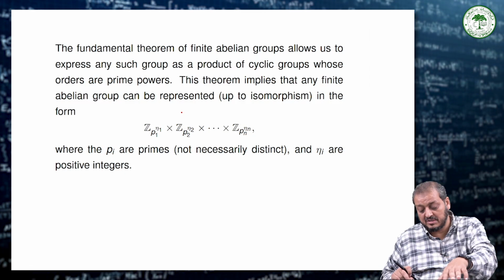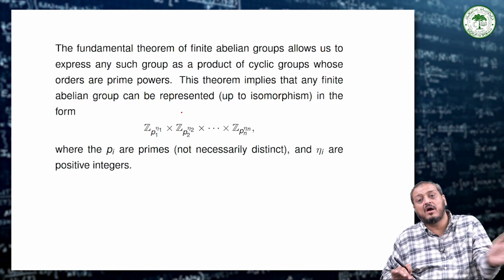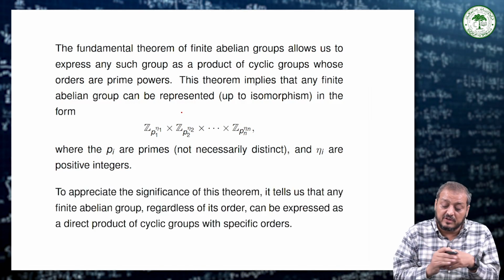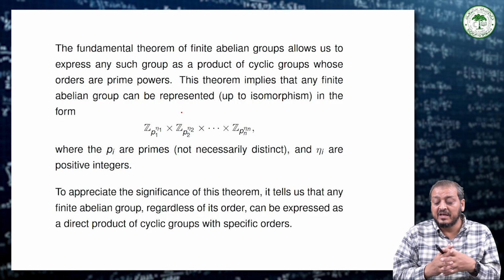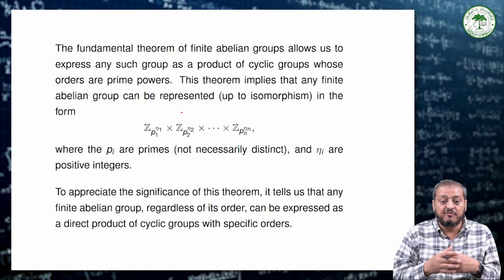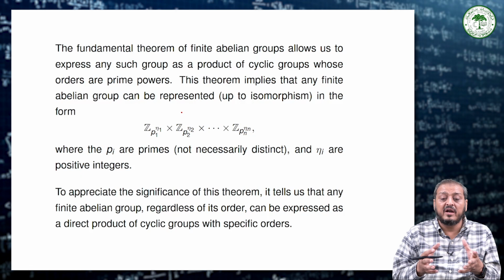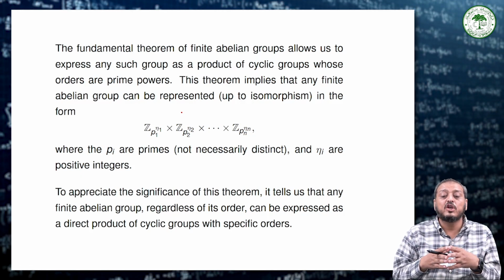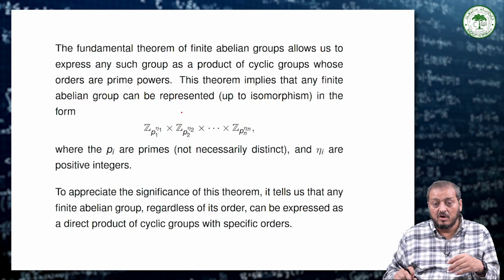The fundamental theorem says that we can find how many groups are isomorphic up to this form. To appreciate the significance of this theorem, it tells us that any finite abelian group, regardless of order, can be expressed as a direct product of cyclic groups of specific orders.